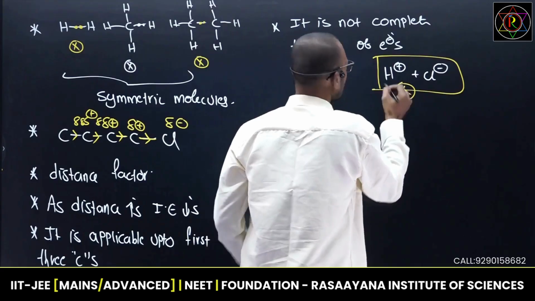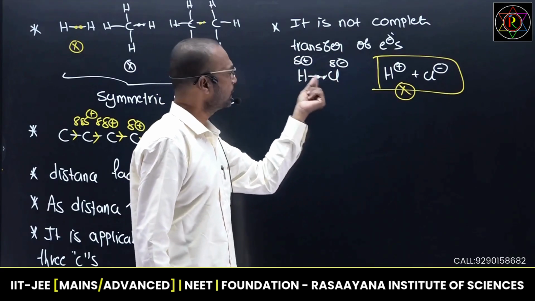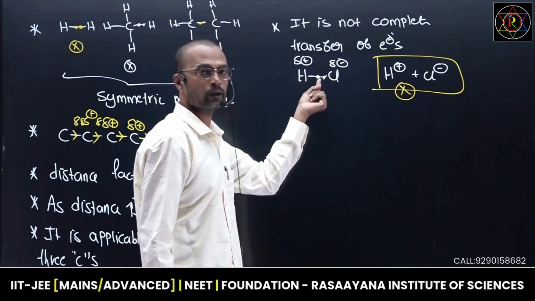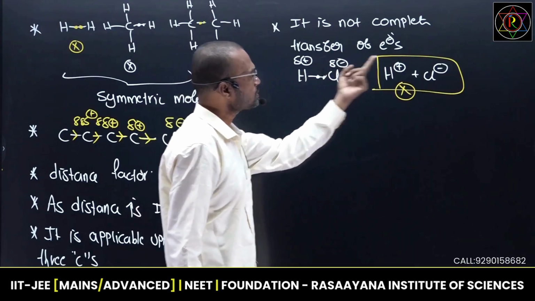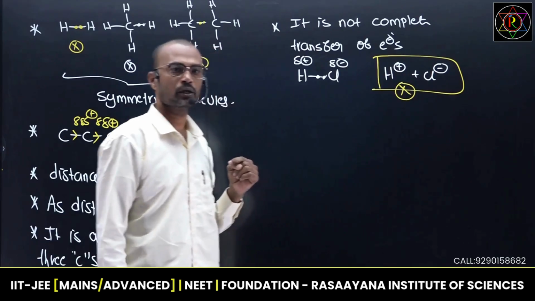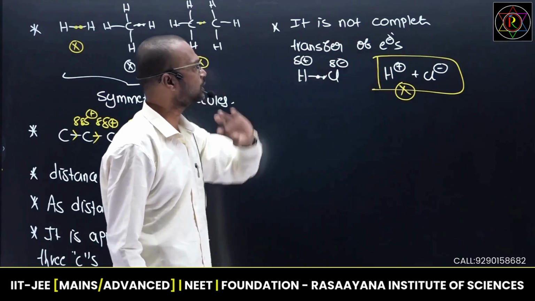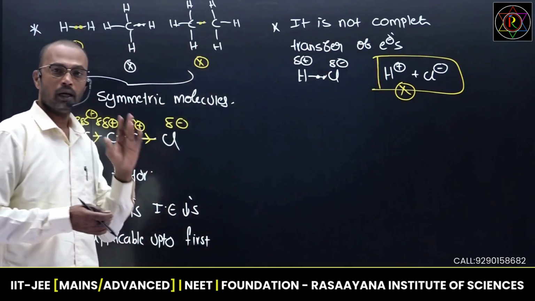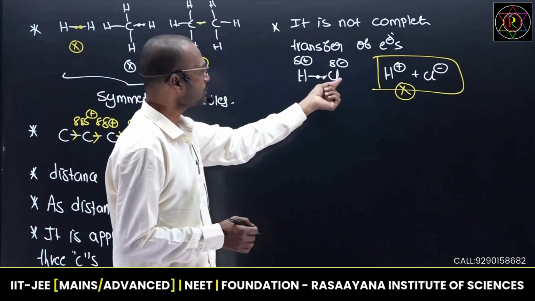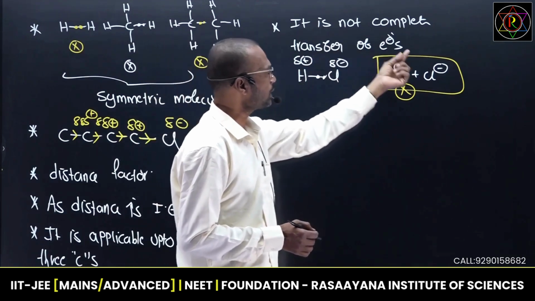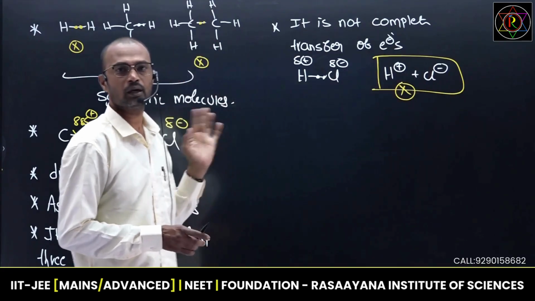Simply remember, the shared pair of electrons is present on chlorine only, very close to chlorine, but hydrogen never loses its own electron. When the shared pair of electrons moves very close to chlorine, there is a partial negative on the highly electronegative atom, and the hydrogen losing electron density becomes partial positive. So finally we can say it is a permanent effect which generates a dipole on two atoms, but there is no transfer of complete electrons to the highly electronegative element. If they transfer, that is called ionization, but that is not the inductive effect.